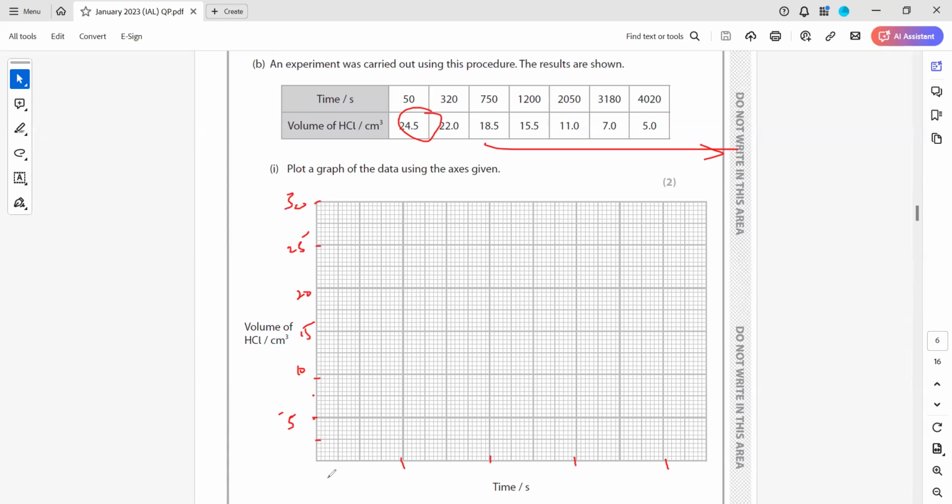So the graph will be somewhat like this, with 24.5 and 50. So 10 boxes equals 500, so each is equal to 50. And here 10 boxes equals 5, so each is 0.5. So this will be like 24.5 here, and then 22 and 320.